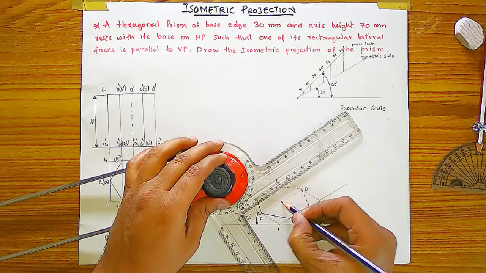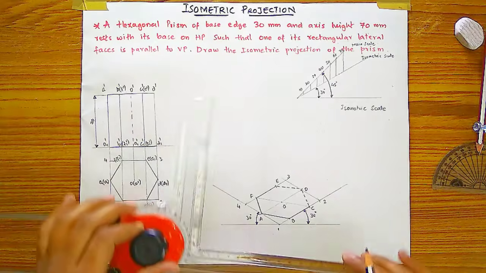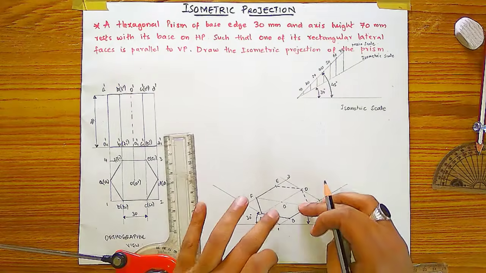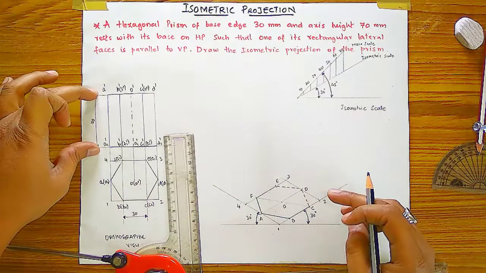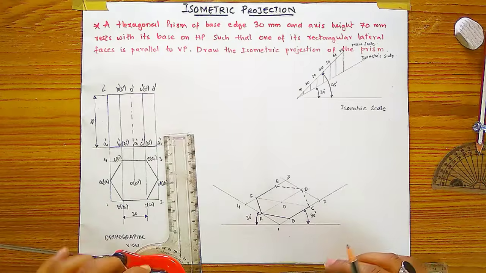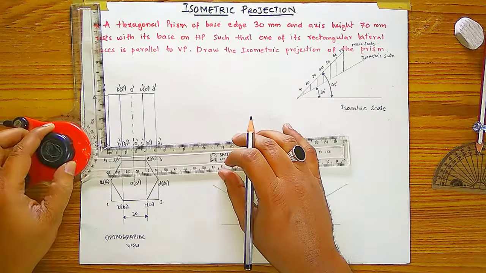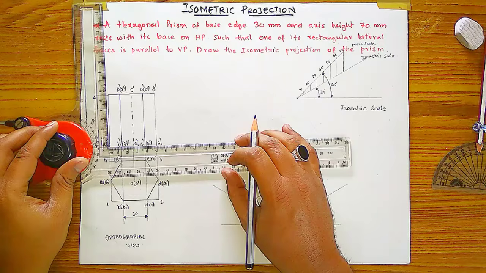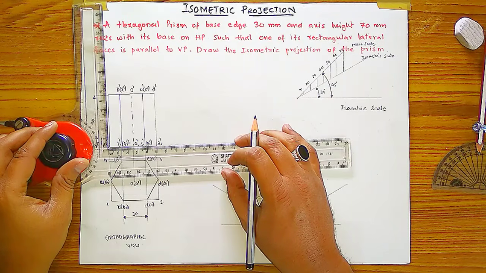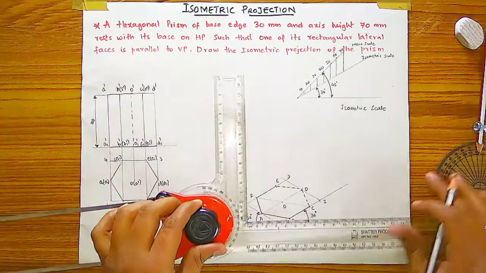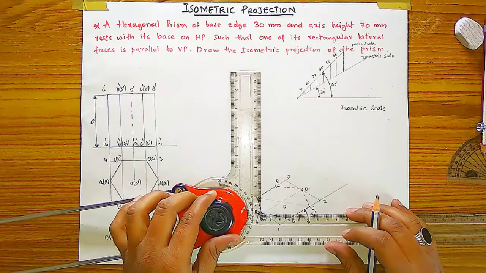This is the center point, this point is O, and from this O we have the axis height, how much? 70 mm, means according to this isometric length only we have to take. So how much is the isometric length? Measuring the length of this line, I am getting 5.6, so each height will be 5.6.